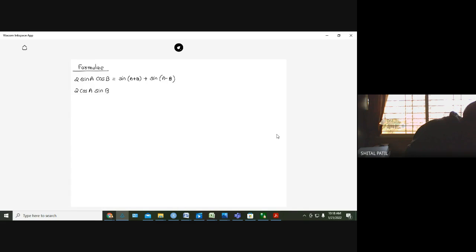I think you know these formulas very well. Cos A plus B plus cos A minus B. Do you remember these formulas?